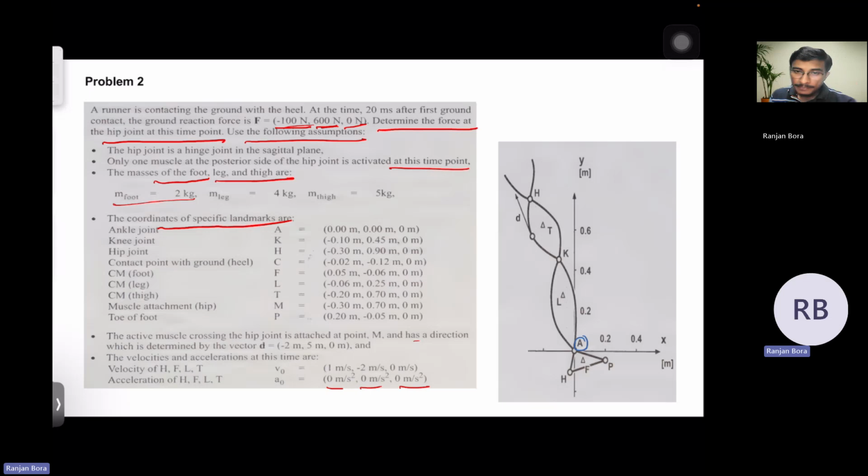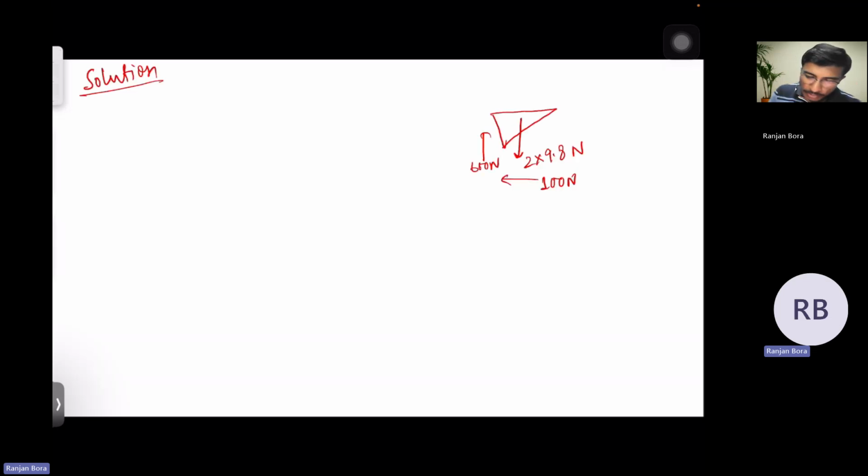at point A. The ankle joint reaction force we will draw using, let us take, FA, and FAX, FAY. Okay, so for this foot, we'll apply the force equilibrium equations.